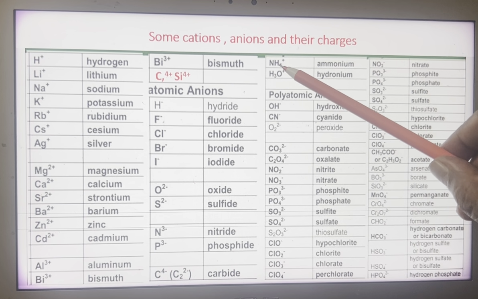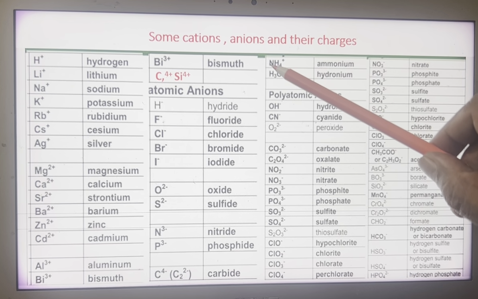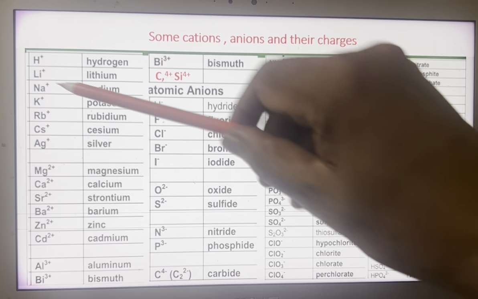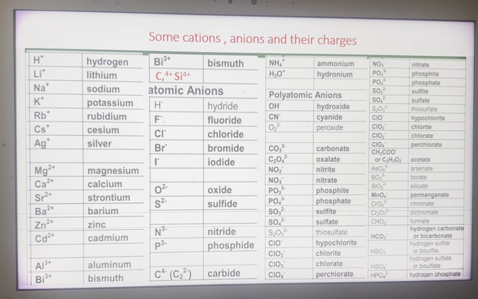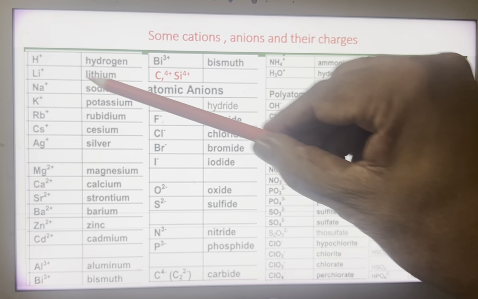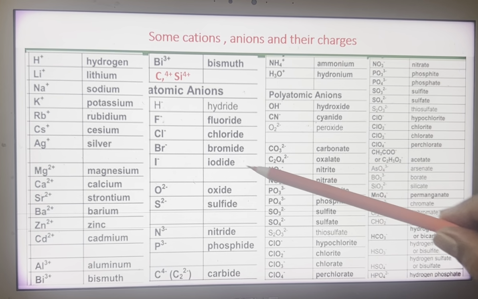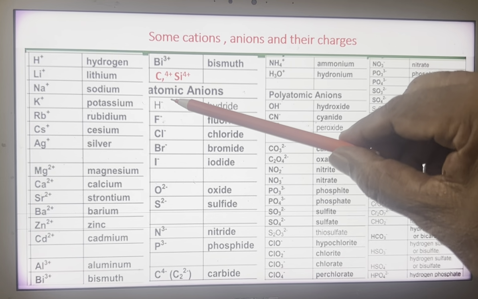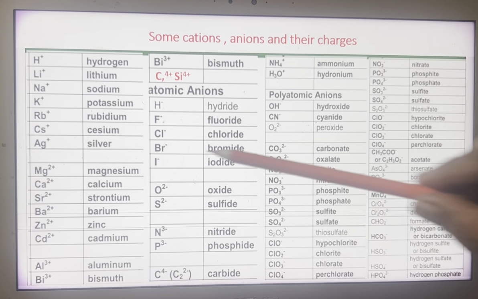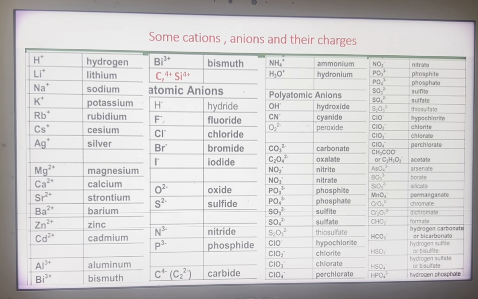Ammonium cation, a polyatomic cation, NH4+, 1+. NH4 has multiple atoms, whereas these others are all single atoms. It is a polyatomic cation. H3O+ is the hydronium ion. Now anions: H plus is the cation, H minus is called hydride. Fluoride, chloride, bromide, iodide are all seventh group elements, with a -1 oxidation state.